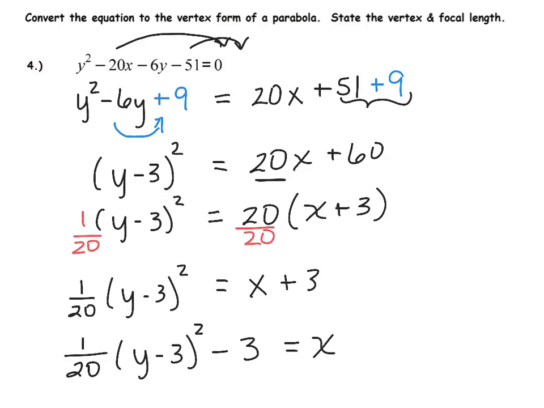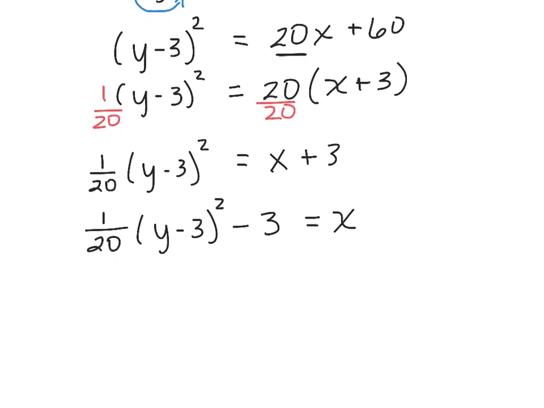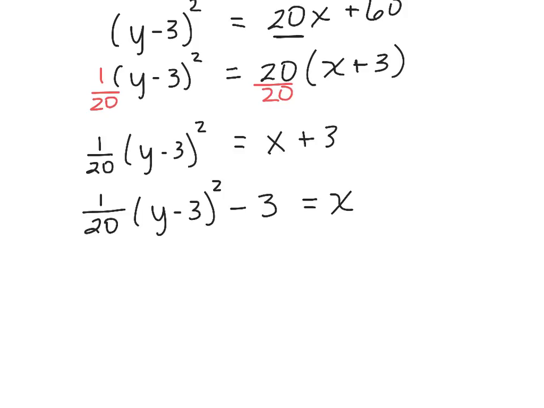I'm going to move my screen down, and I want to write the original formula where we had 1 over 4p. And if you recognize right here, since we have x equals, this is that inverse. So this is a parabola that's opening to the right. So it's y minus k quantity squared plus h equals x.